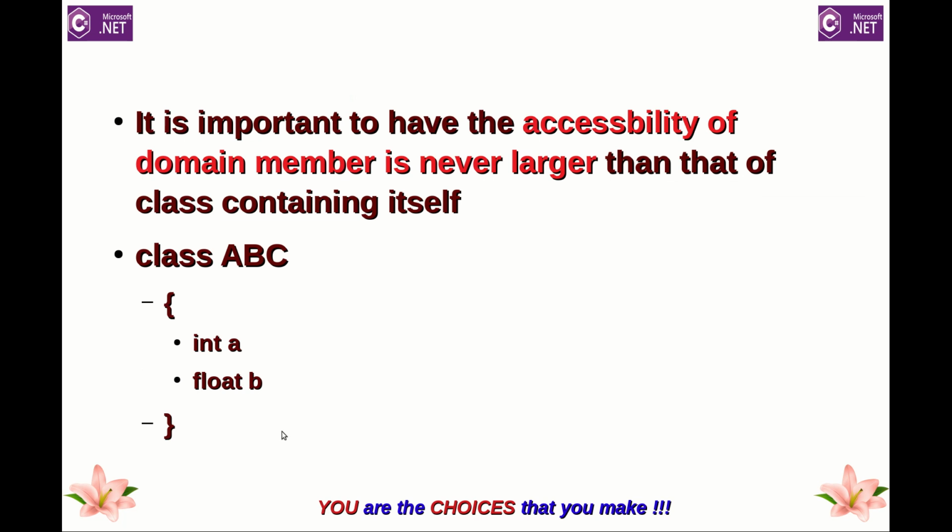And when you are declaring the accessibility, this is one of the very important criteria that you have to understand. It is important that the accessibility of a domain member is never larger than that of the class containing it. Remember, the accessibility of a domain member is never larger than that of the class containing it.